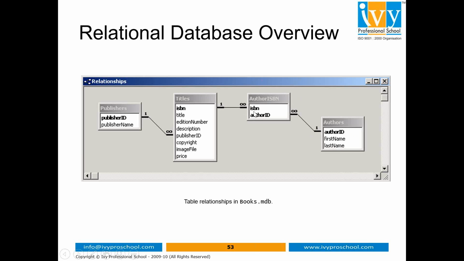So we had created an author ISBN or author books table. What we'll try to do is create the same model, but this time we'll use DDL statements to create it.